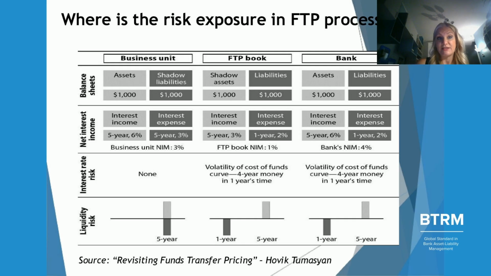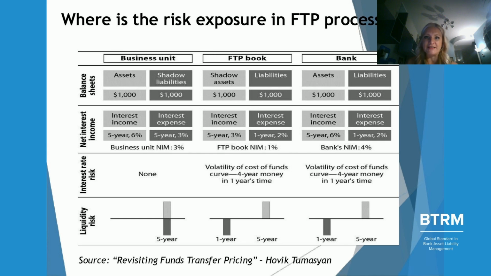So you will see that on the asset side you have a NIM of 3%, because it is the difference between the 6% all-in rate which the customer is paying to the bank and the 3% FTP for 5 years. So this asset is generating a NIM of 3%, but we said that the bank's NIM is 4%.